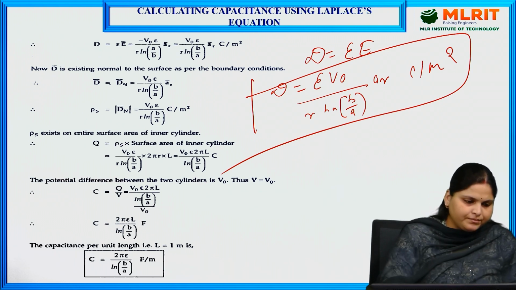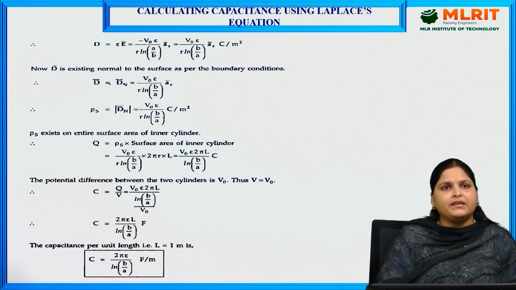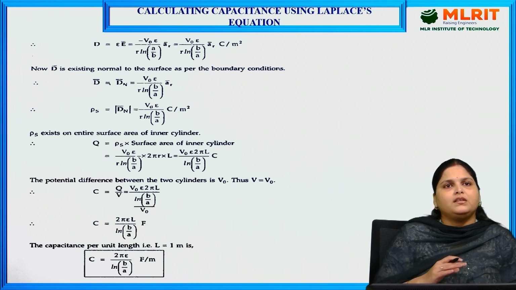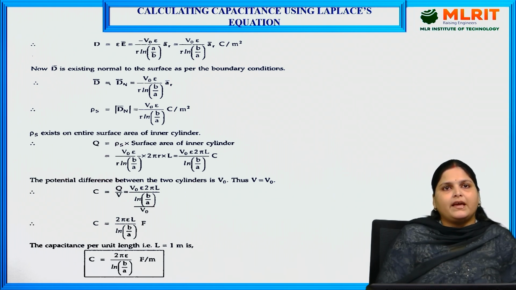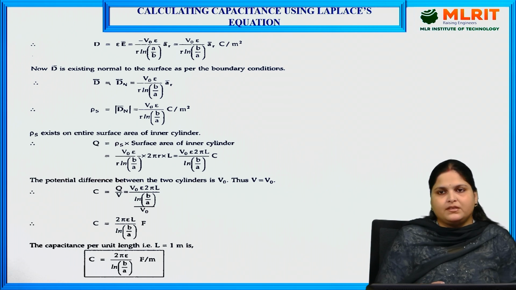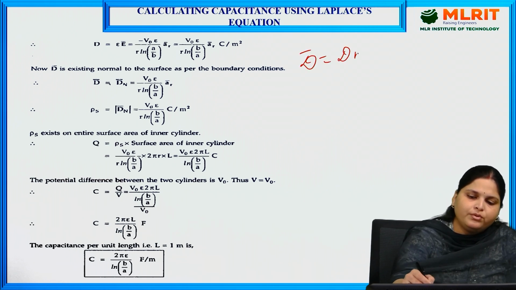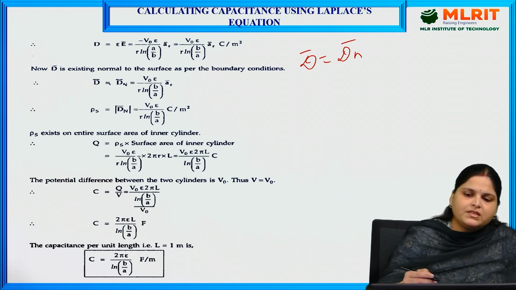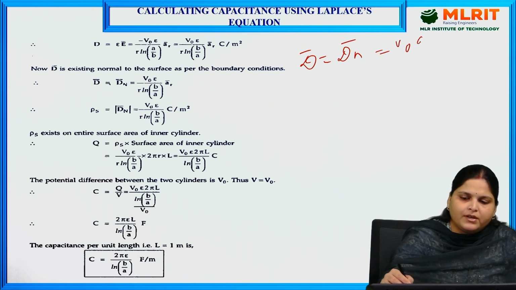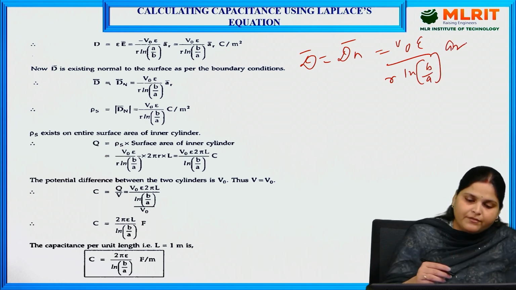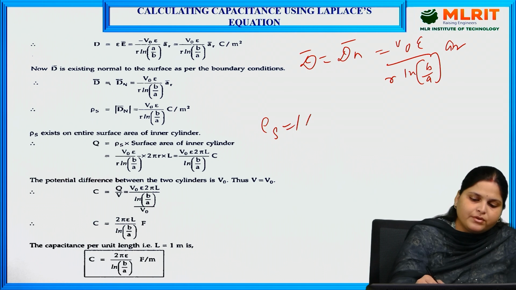Now again, we will consider the boundary conditions. We know that D exists normal to the surface, which means the Dn term will be there. So we can write D = Dn, which is nothing but V0 ε upon R ln(B/A) aR, and from here we can find ρs = mod of Dn.